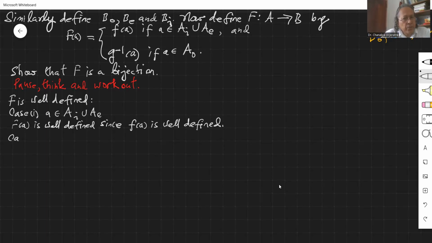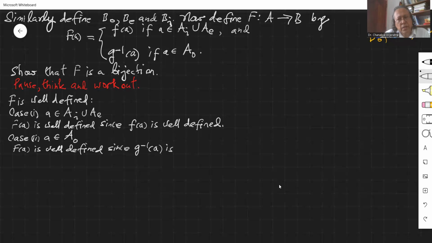And case two: A belongs to AO. In this case, F of A is well defined, since G inverse of A is well defined for any A in AO.